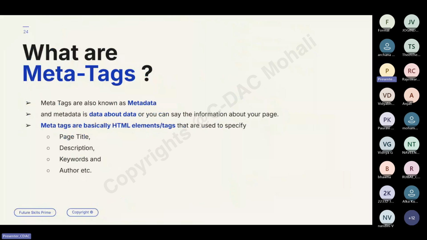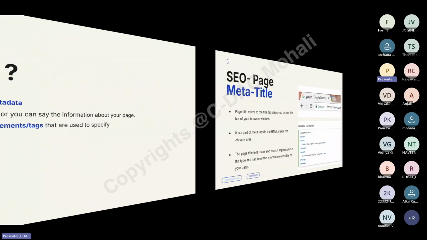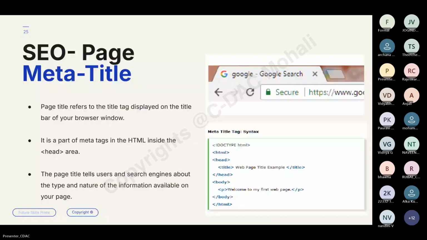Meta tags are basically HTML elements. And what are those elements? One is the page title, then description, keywords, and author, etc. If we check the coding part, first is the SEO page meta title. Where is it described?